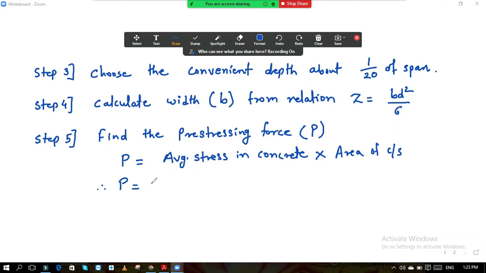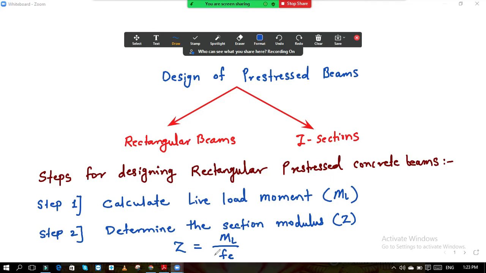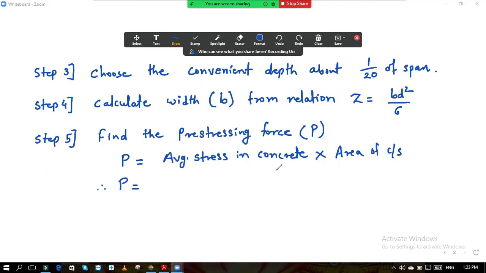So now we are at the step number 5. Here we are finding out the prestressing force. It can be calculated as the average stress in the concrete. So average safe stress in concrete. So stress in concrete, the notation we are using is FC. FC is the stress in concrete and FS is the stress in steel. Okay. So now average stress in concrete into area of cross section.